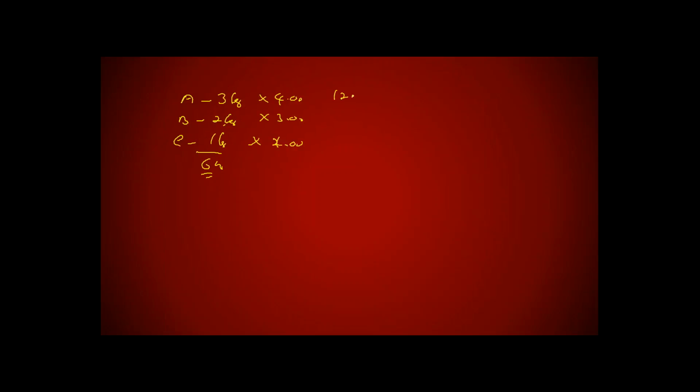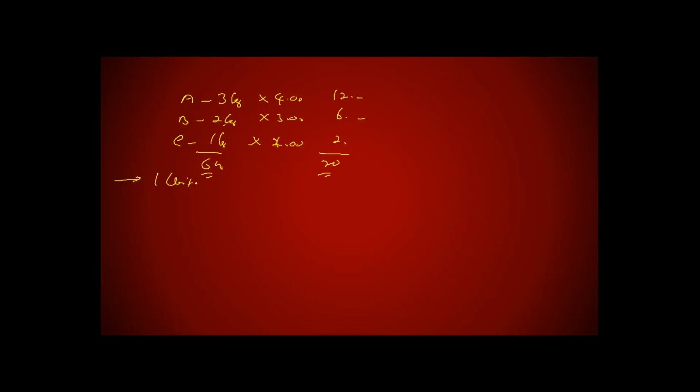So standard is 4 into 3, 12, 3 into 2, 6, 18, and 2 into 1, 20. This is what they have told us. When you put 6 kilograms, we expect 1 unit of yield.